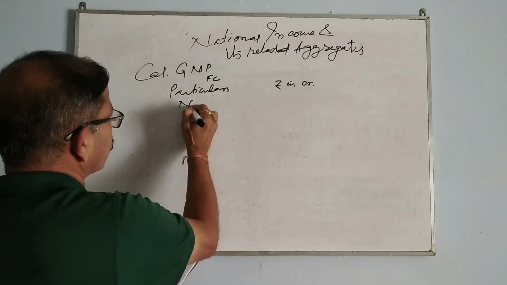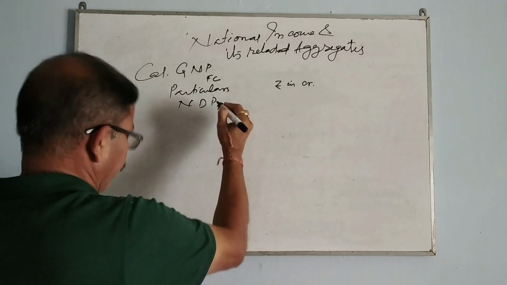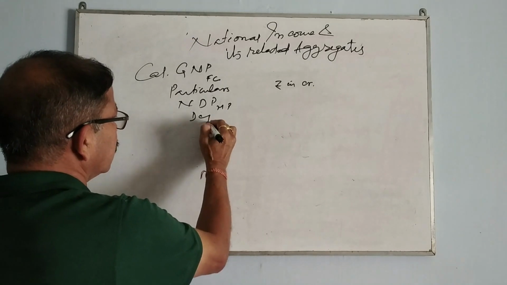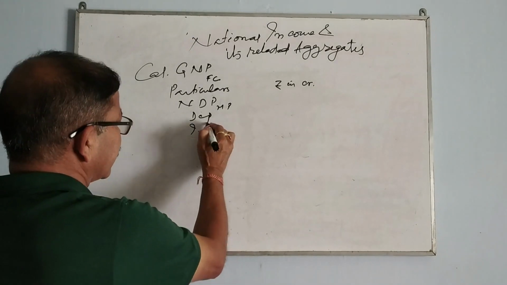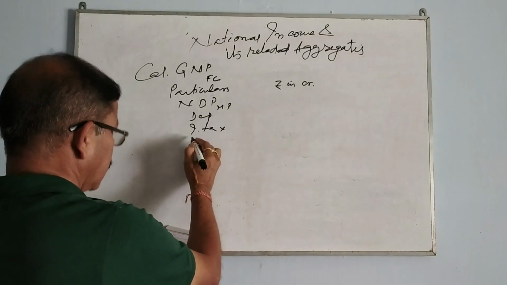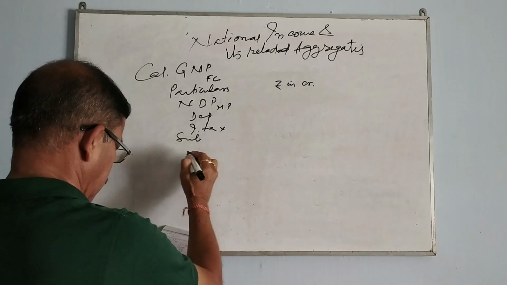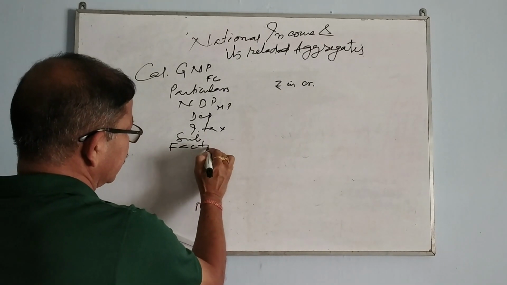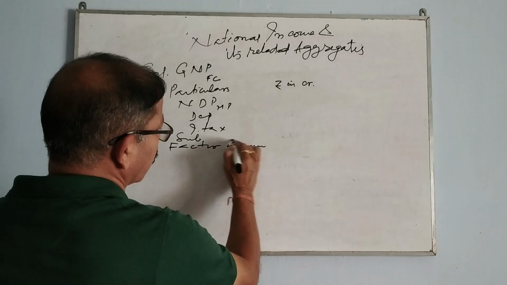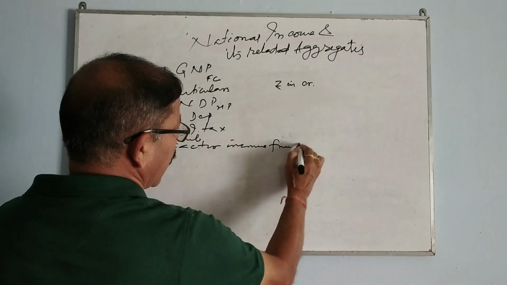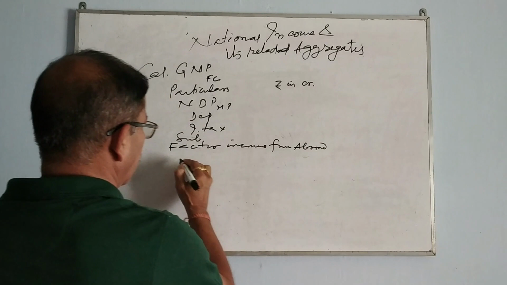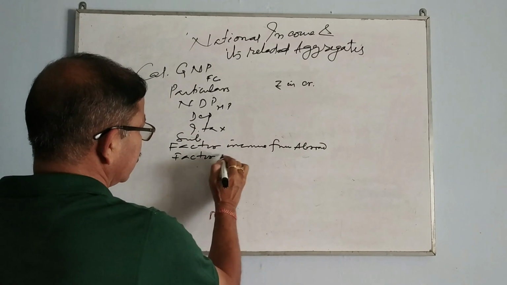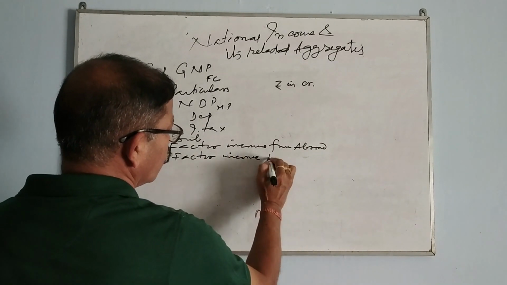NDPMP, depreciation, indirect taxes, subsidy, factor income from abroad and factor income to abroad.